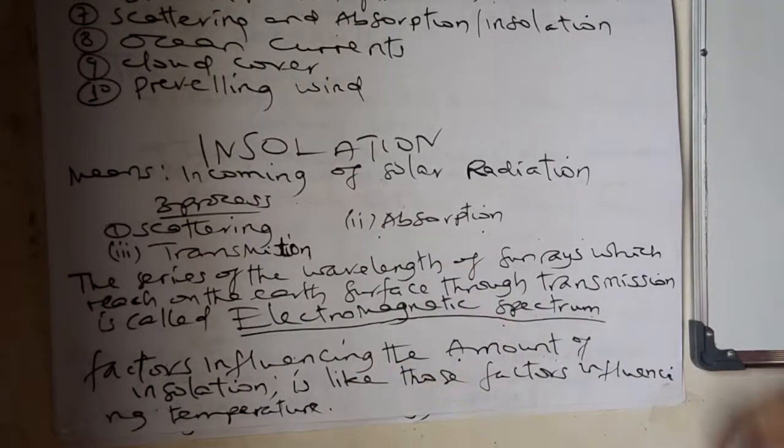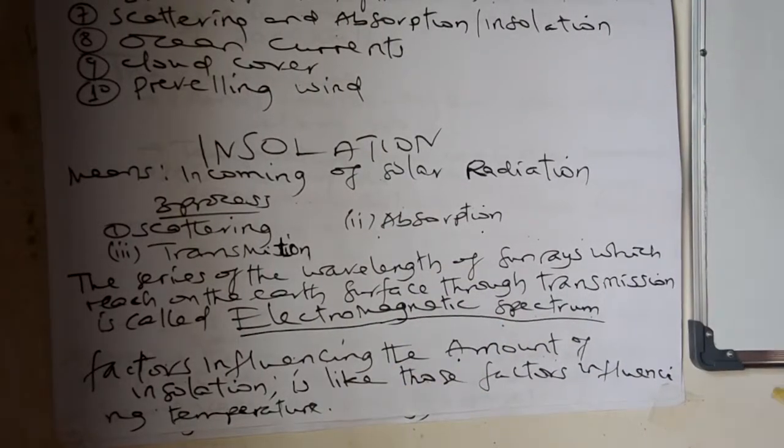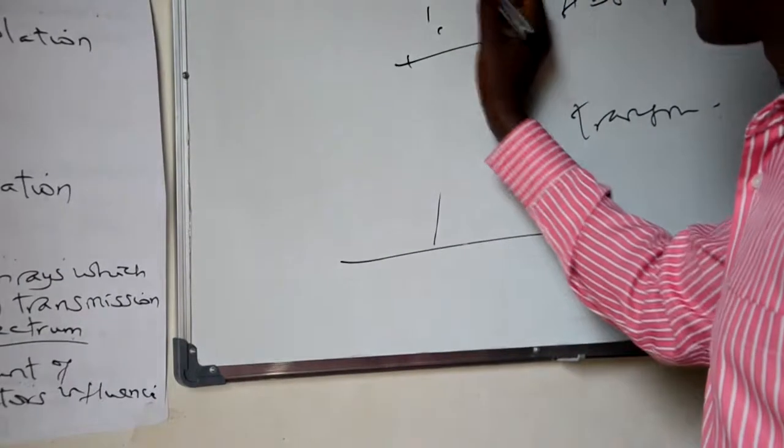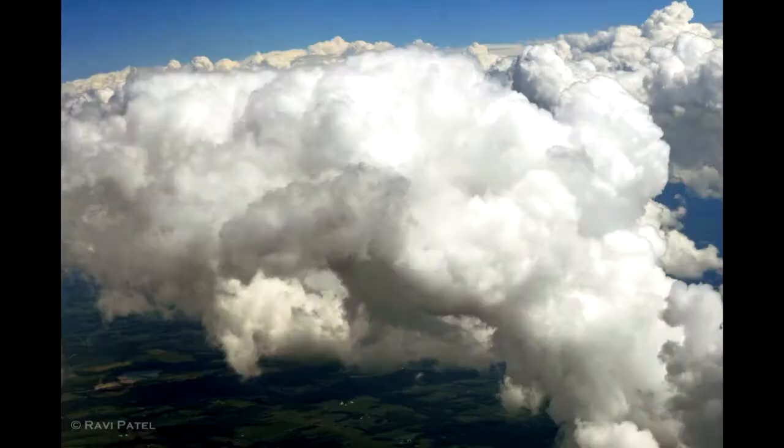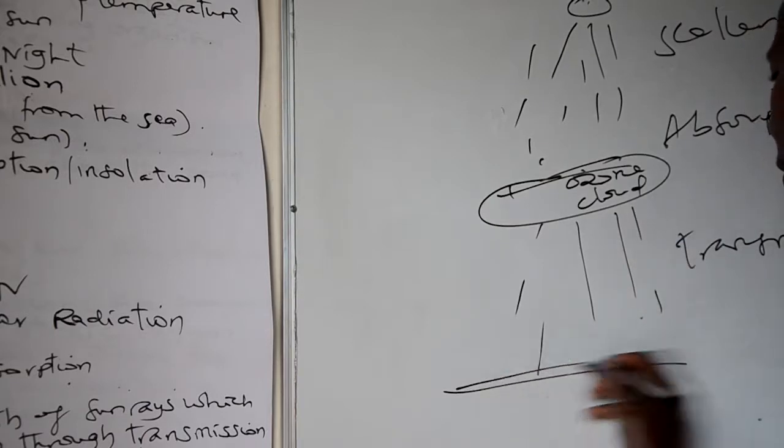But before reaching the Earth's surface, they can be absorbed, by the ozone layer or by cloud cover. But those rays which penetrate the ozone layer or cloud cover come onto the Earth's surface through transmission.